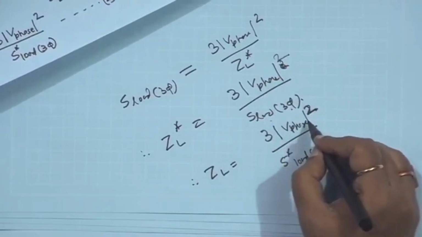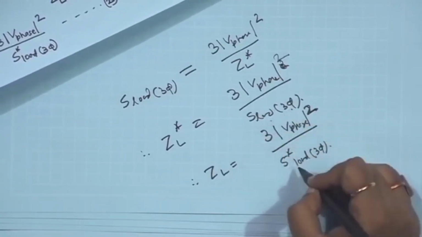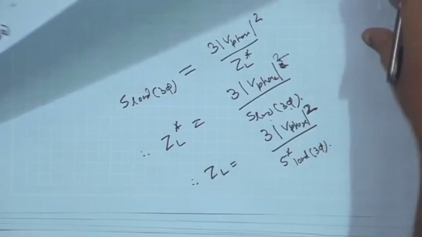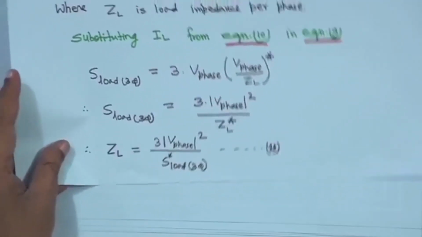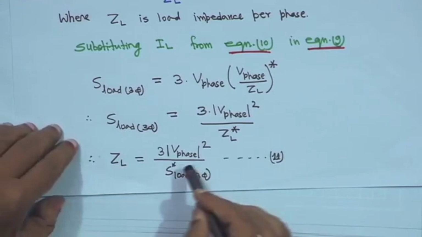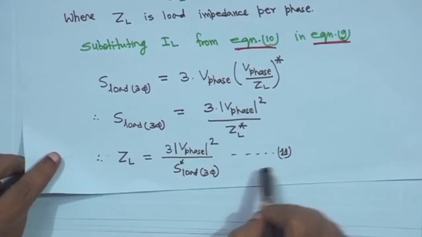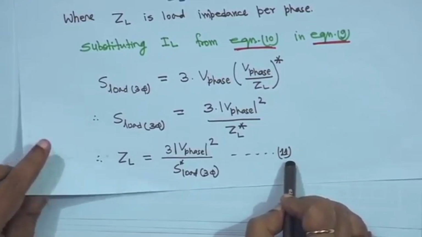ZL, this is a real quantity, so nothing to do with that. 3 V phase square, but this is a complex quantity, so S conjugate load 3 phase. Therefore, we are writing ZL is equal to 3 magnitude V phase square upon S conjugate load 3 phase, that is your equation number 11.